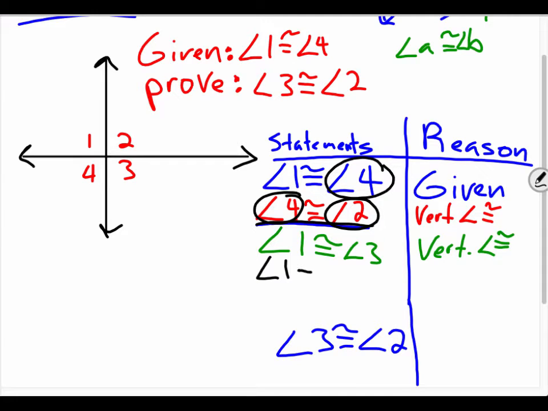Angle 1 is congruent to angle 2. Now what property was that? Transitive. So by using the transitive property, I'm kind of cutting out the middleman, right? Okay, I'm going to clear that off the screen though, because it'll probably confuse you if you look at it later. All right. So now that's a transitive property.